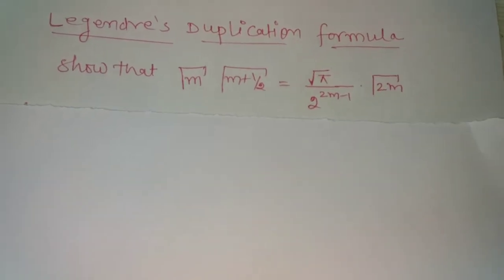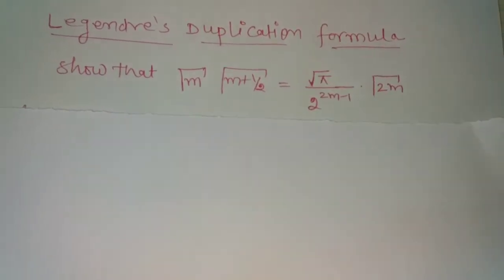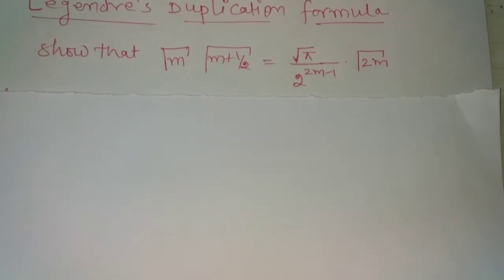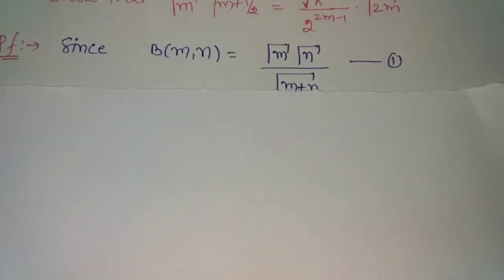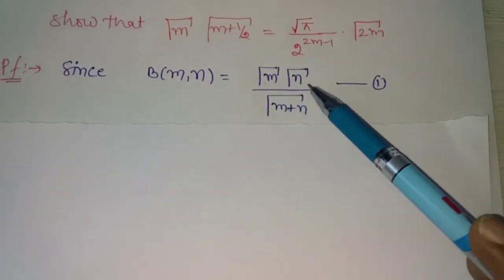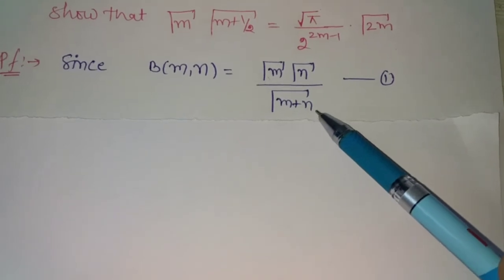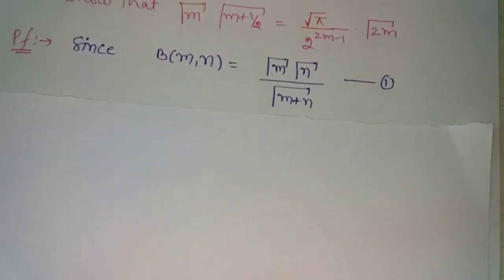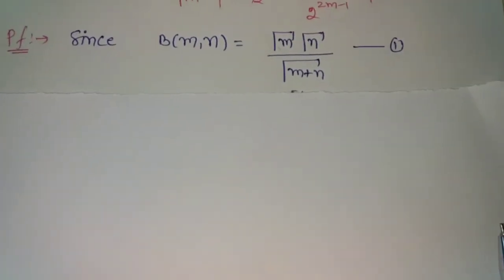To establish this relation, we use two properties of beta functions. First, beta(m,n) equals gamma m into gamma n upon gamma m plus n, which is known as the relation between beta and gamma functions.